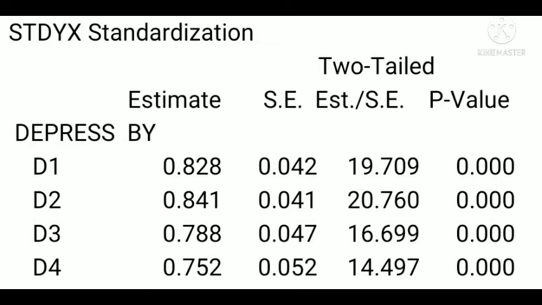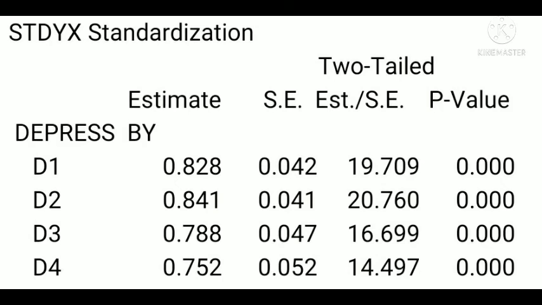The EST divided by SE shows the T values. The table shows that all the factor loadings are highly significant with high T values and very low P values that are 0.000.